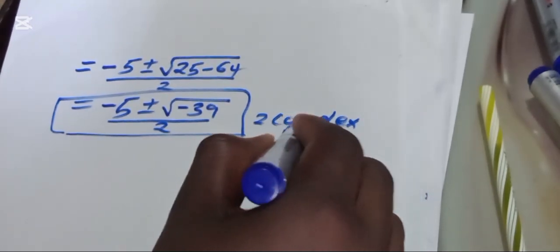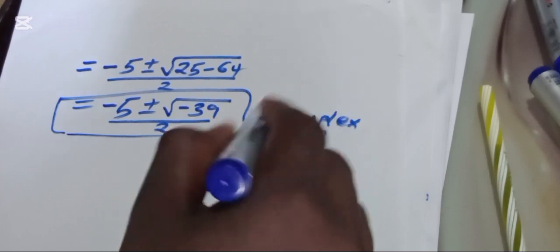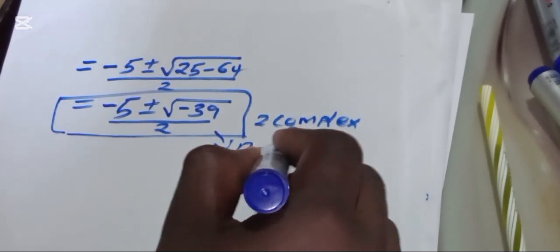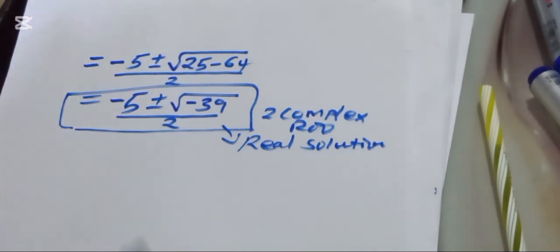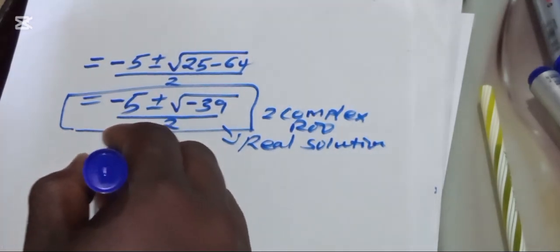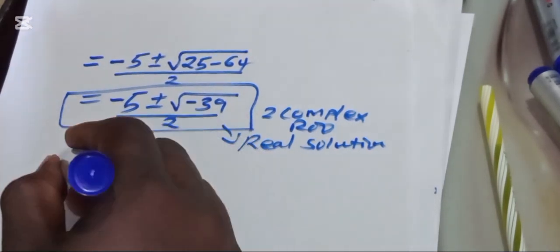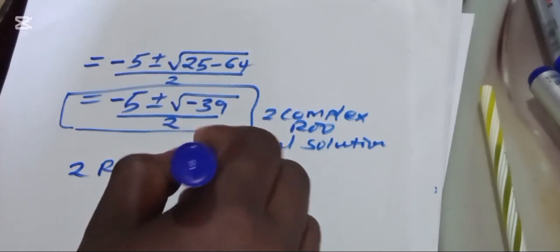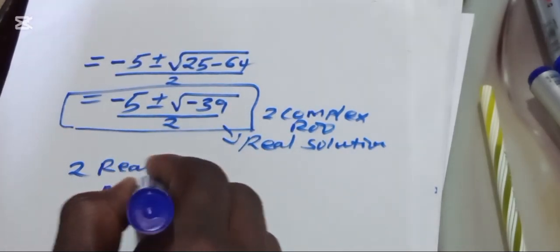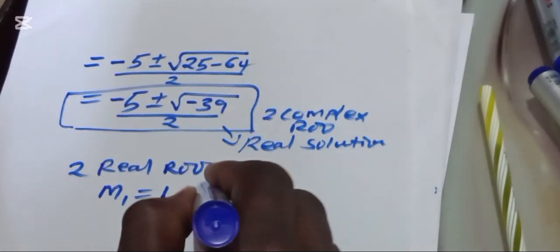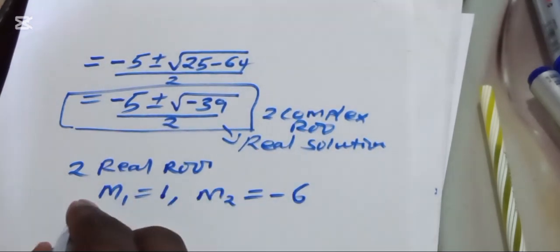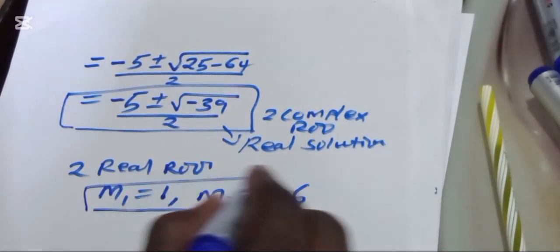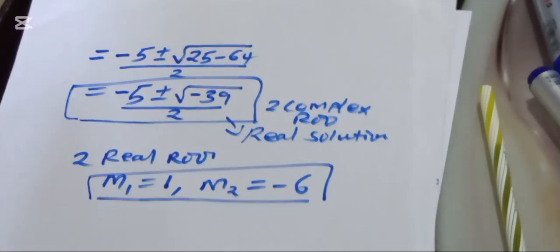So this means that this will not give us a real solution. So we only have two real roots, m1 is equal to 1, and m2 is equal to negative 6 as we calculated. These are the values of m.